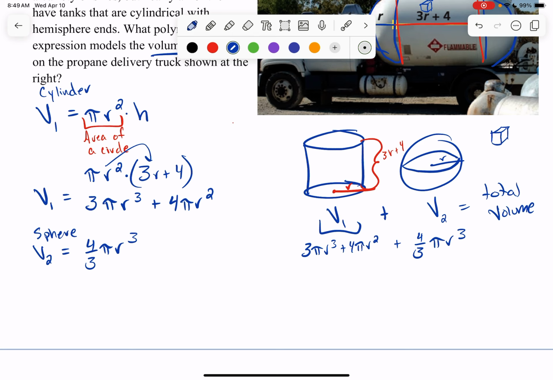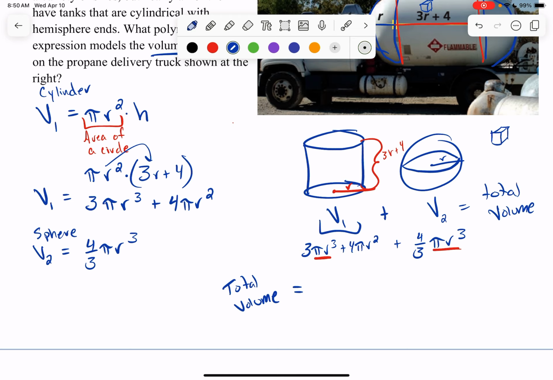So I now need to add them to get the total volume. It's all strictly addition. Do I have any like terms? Pi r cubed, we have to include the pi when we're looking at the variable parts. So yes, those are both pi r cubed. And this is a pi r squared, so that's not like terms.